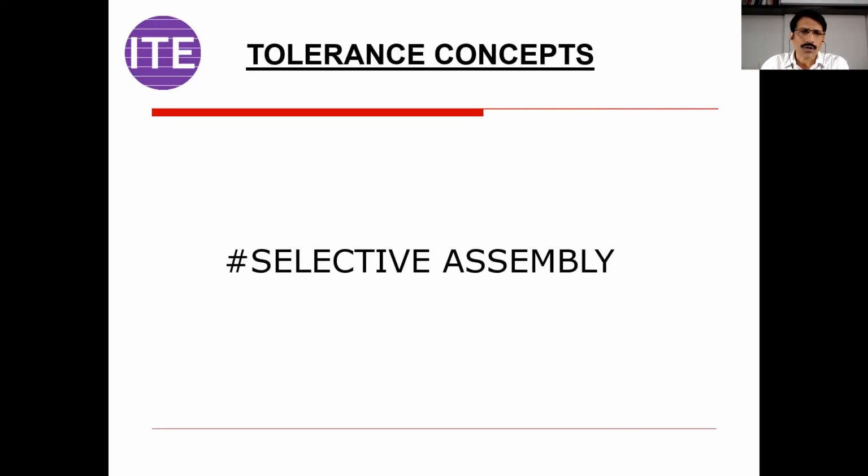Selective assembly means what? Suppose the drawing is released for production, and during production, the tolerance value is 20 plus minus 0.1, right? So some components you will get 20.0, some 20.05, some 20.1, some 19.95, and 19.9 is also acceptable, right?